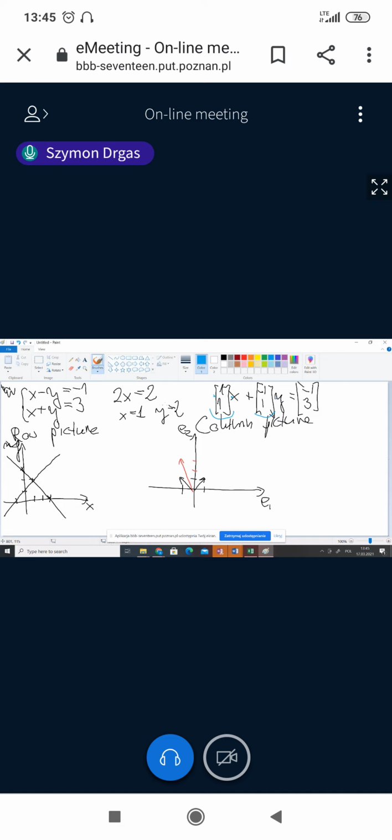We know that the solution is 1 and 2, so we need to multiply the first vector by 1, so it is just the same, and the second vector should be multiplied by 2. Then you can check if this linear combination looks fine.